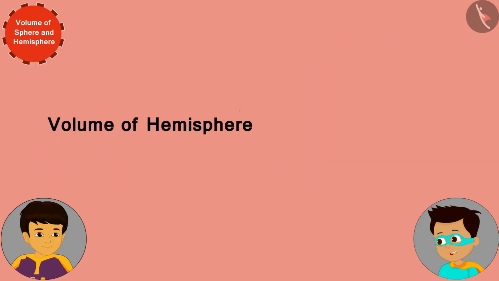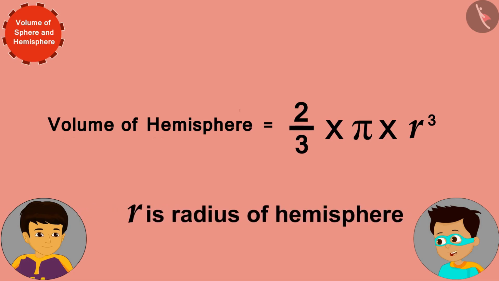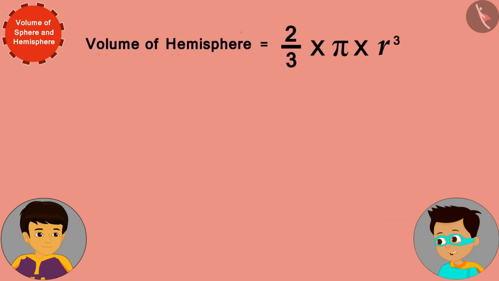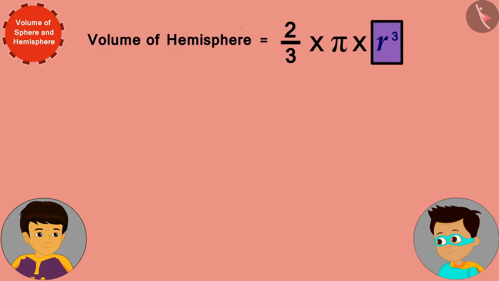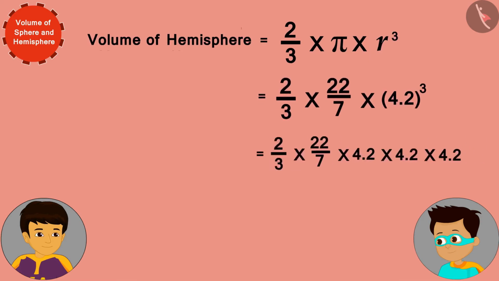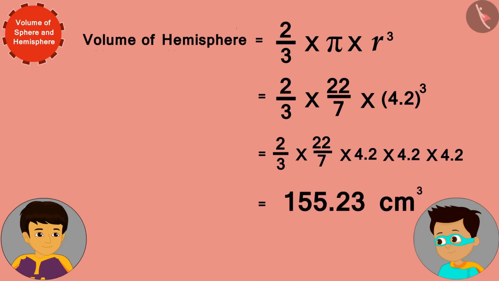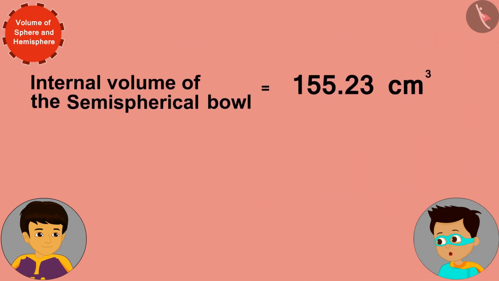The formula of volume of hemisphere is equal to 2/3 π r³, where r is the radius of the hemisphere. Now I can solve this by replacing r with the inner radius of the bowl, 4.2 centimeters. The internal volume of the semispherical bowl is 155.23 cubic centimeters.